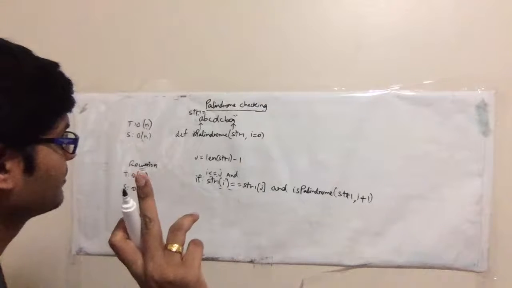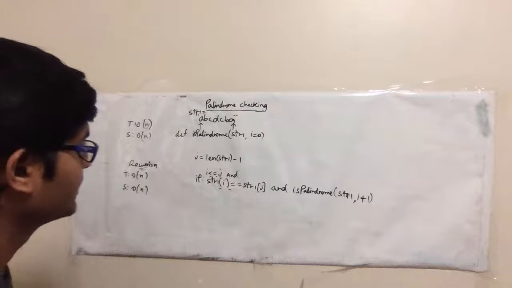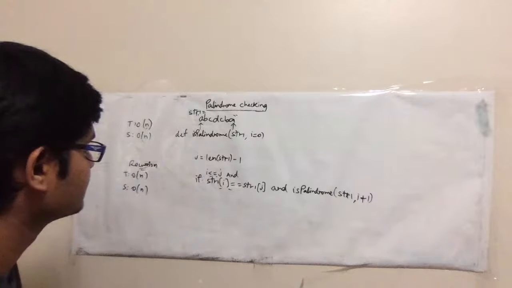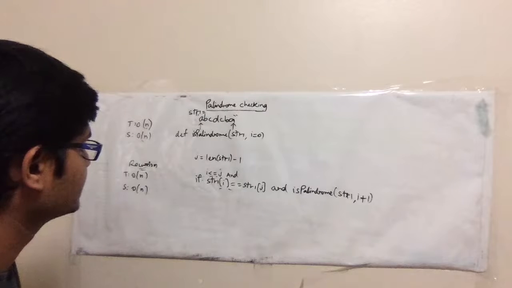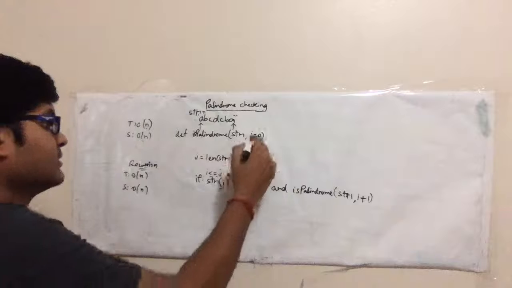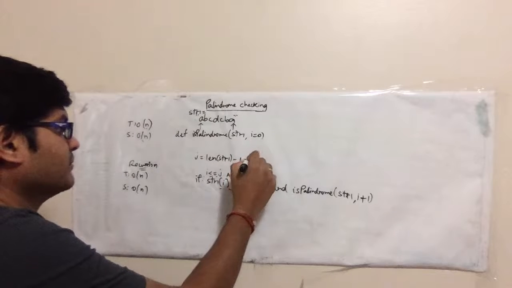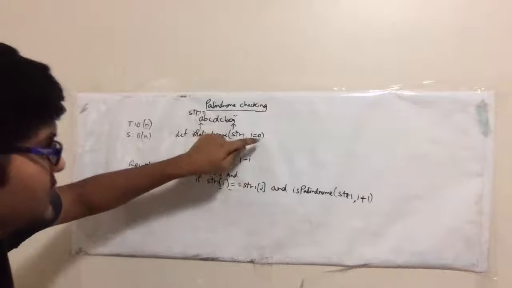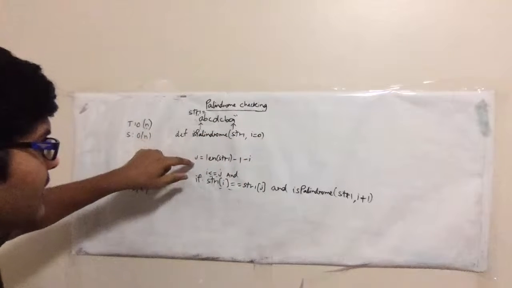Okay, just one moment here. So did we write j equal to length of, is this correct? I think this had to have minus i added. Why? Because if i is 0, this is okay, minus 1.